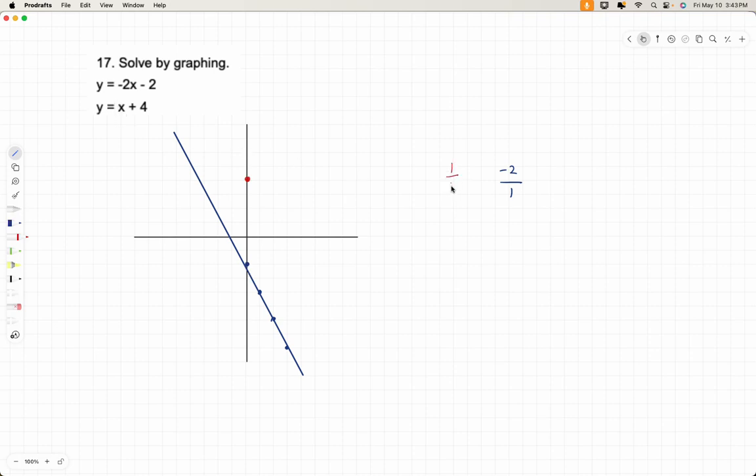So that's 1 over 1, so that's up 1 over 1. Okay, so up 1 over 1, up 1 over 1, up 1 over 1. So that's going to be my slope. So I'm going to draw my line until I see them intersect. And if I were to redraw that first line in the right spot, they would intersect right here.